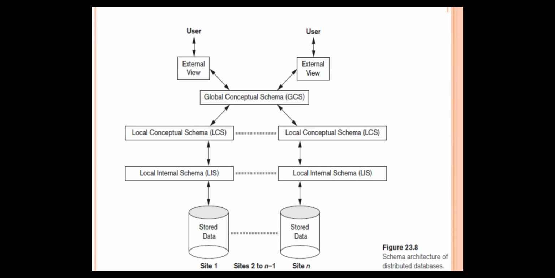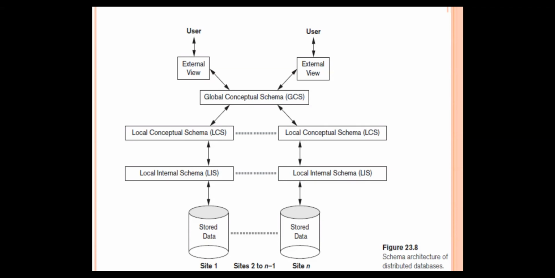The account data may be stored at site 1. In Bangalore city itself there will be a number of branches. Say in Bangalore we may have 20 or 30 Maharashtra Bank branches.